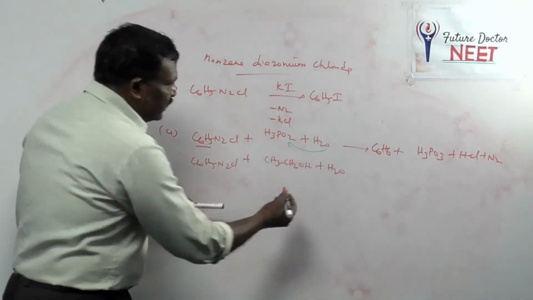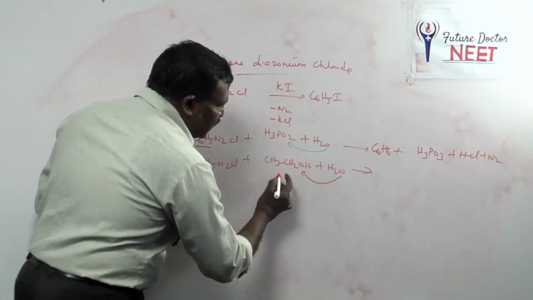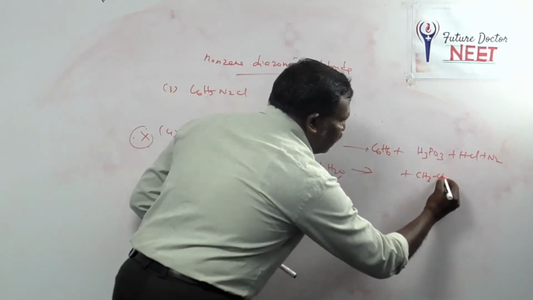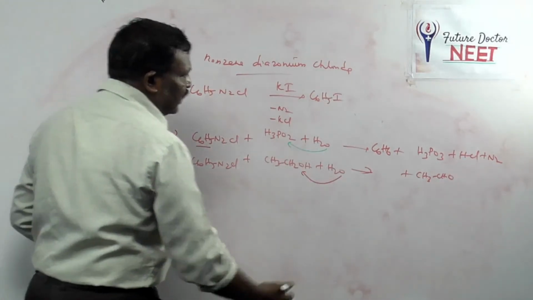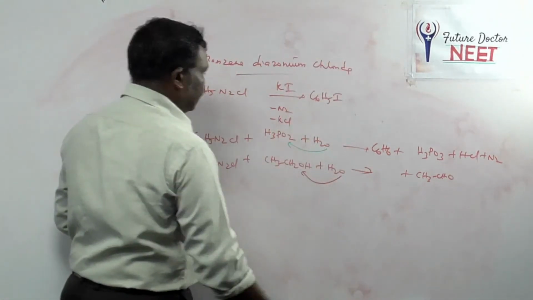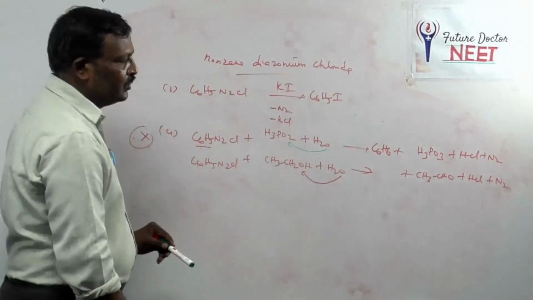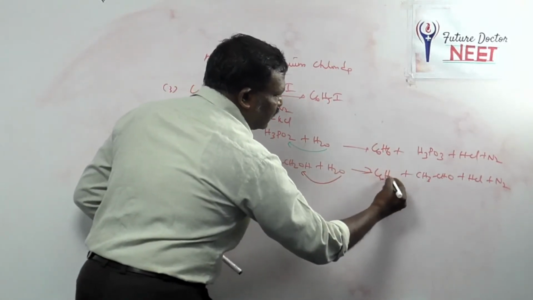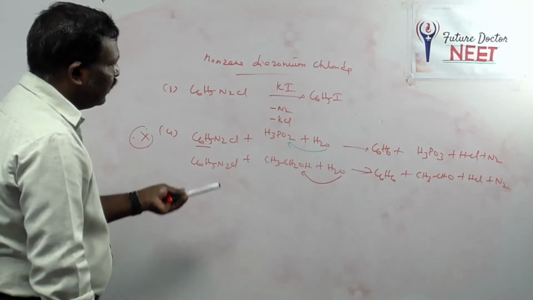Here also the same thing. When oxygen goes here, ethanol is oxidized. Then as usual, here also HCl and N2, and the same product, C6H6. Very important, write it down.